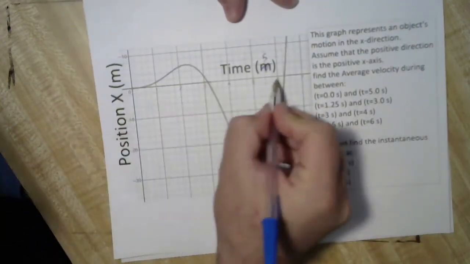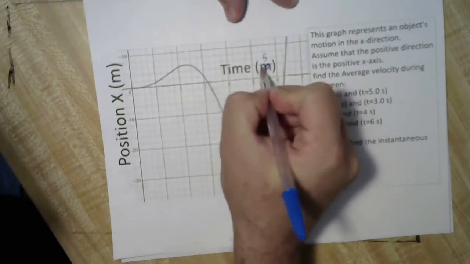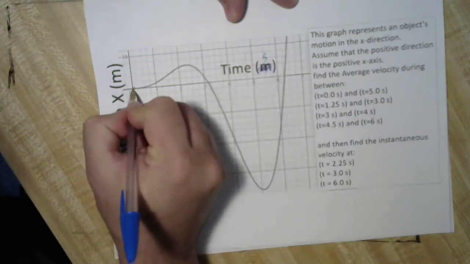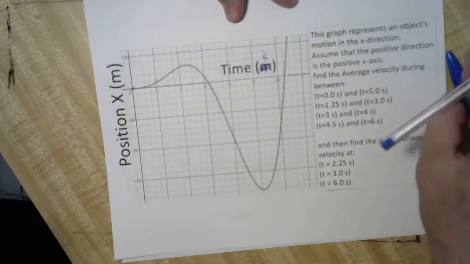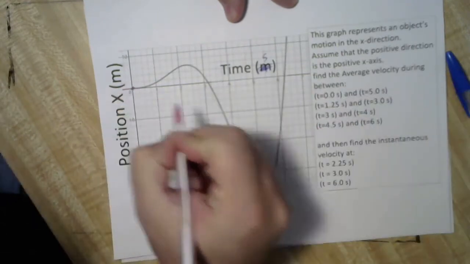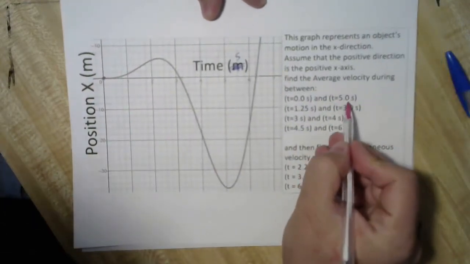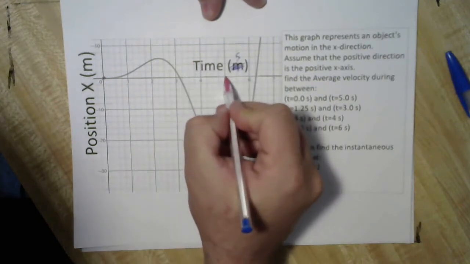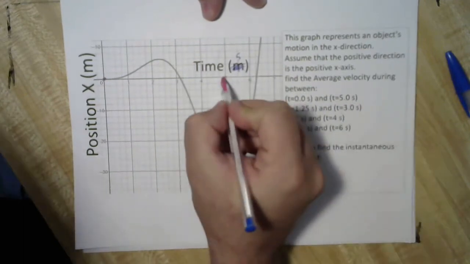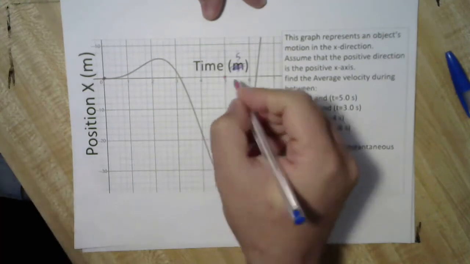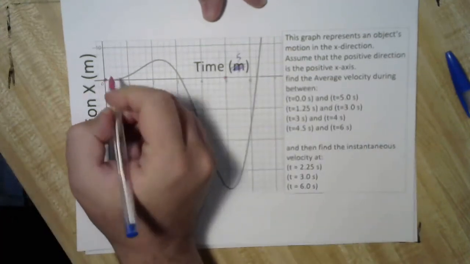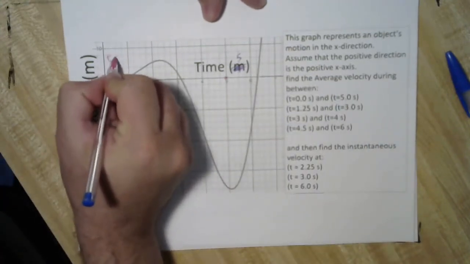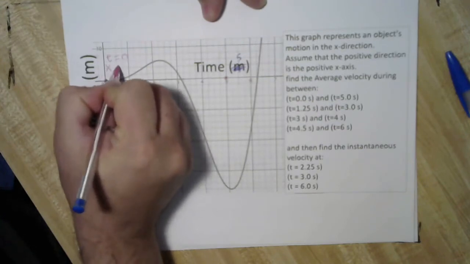This is t equals 0. This is t in seconds. This is t equals 0. I will use a different color. And t equal 5 seconds. This is t equal 5 seconds. At t equals 0, I have t equals 0 and x equals 0.